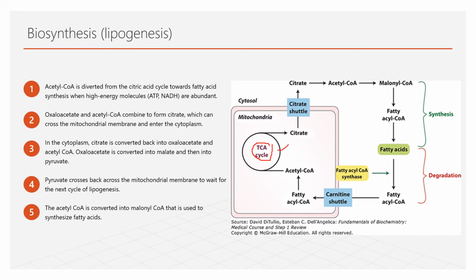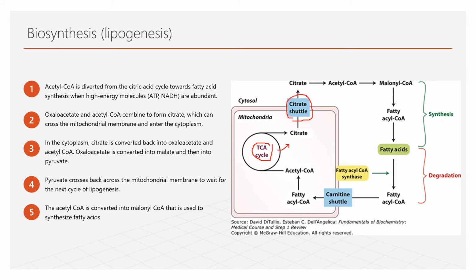So you get your acetyl-CoA here. Remember that the CoA moiety cannot pass through the membranes of the mitochondria. So in order to cross the mitochondrial membranes, the acetyl-CoA needs a transport system, and here it uses the citrate shuttle.